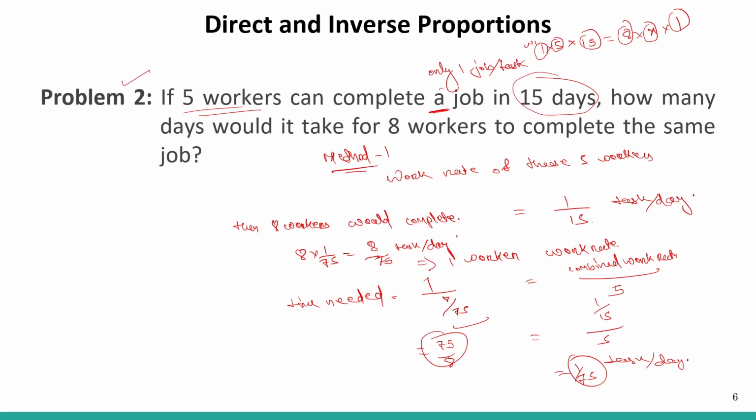So this is w1, w2, t1, t2, and m1, that is manpower 1, manpower 2. This implies that 15 into 5 by 8 is equal to x. So x is equal to 75 by 8. As you can observe here, these two answers are exactly the same.